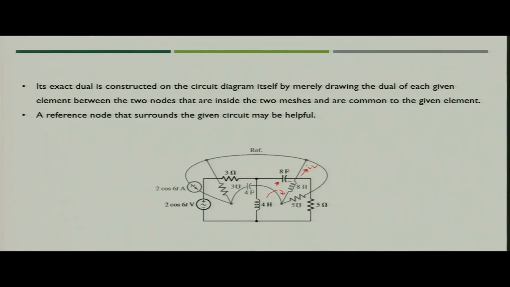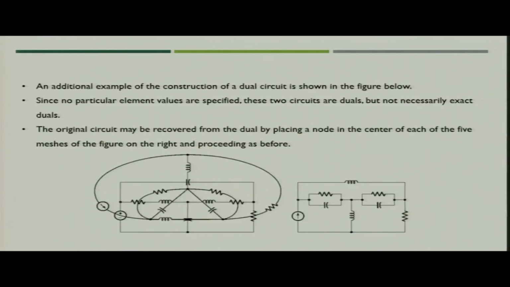So, the dual current through that inductor would be coming out of the node. In this way, by analogy, you can simply represent the dual of a particular circuit.